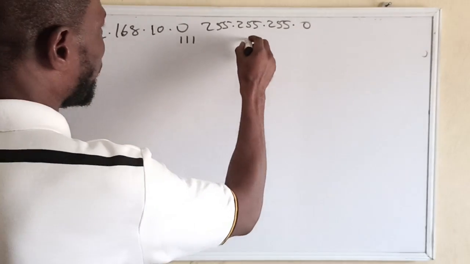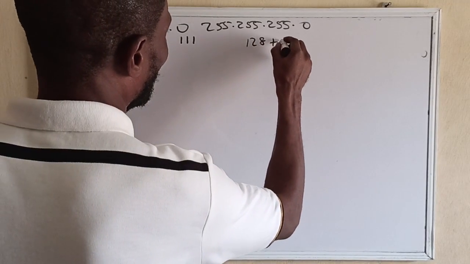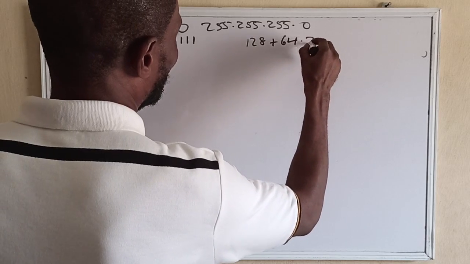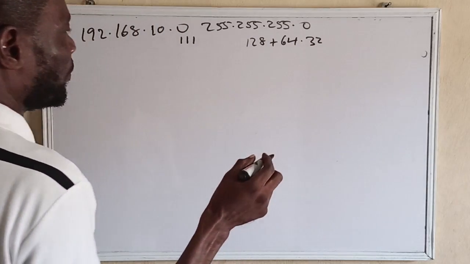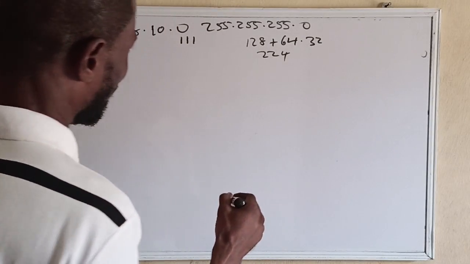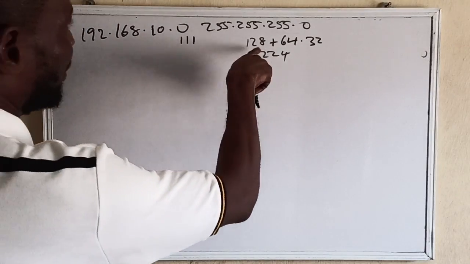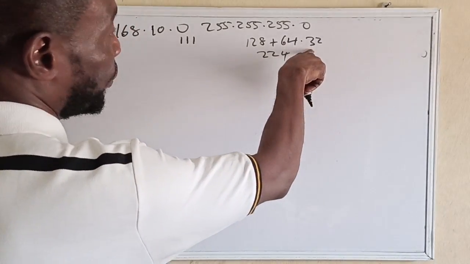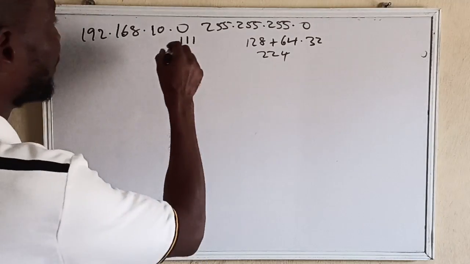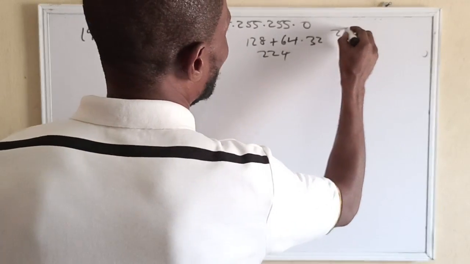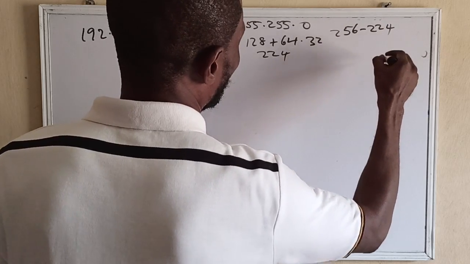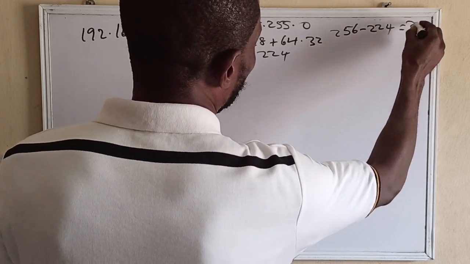Now, 128 plus 64 plus 32 will give you 224, because I borrowed 3. This is the 3 for our block, which gives our block size as 256 minus 224, which equals 32.